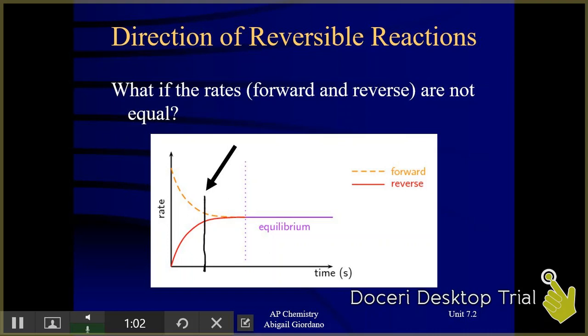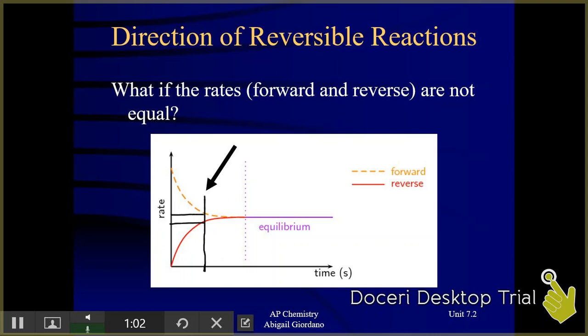The rate of the forward direction, if you look at where it falls on the y-axis, is greater than where the reverse reaction is falling. So at this point in time, the forward reaction is faster than the reverse reaction. And what we say is, in this case, the forward reaction is favored.